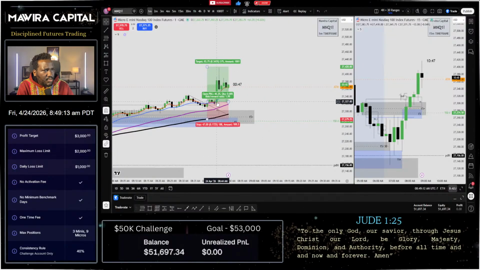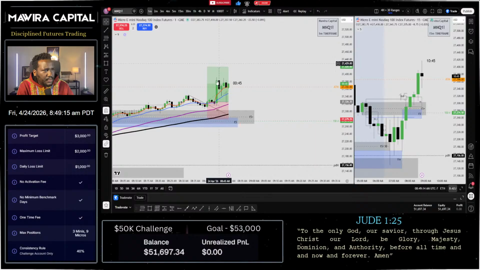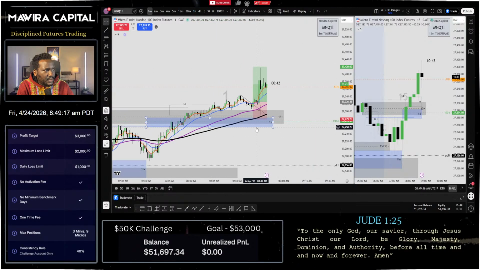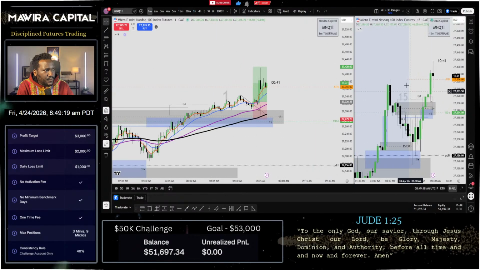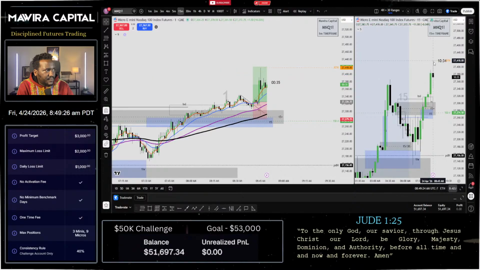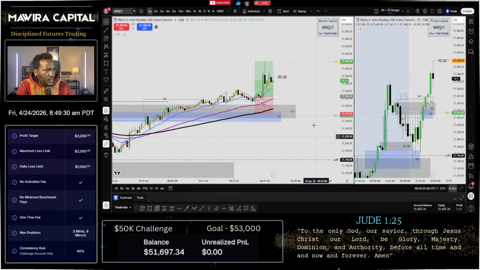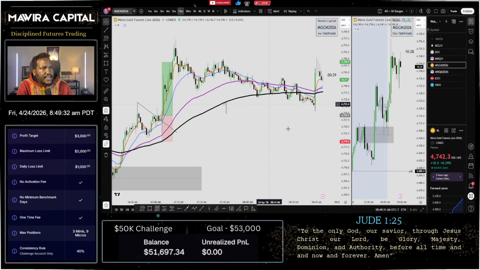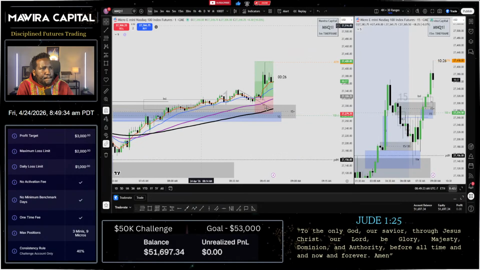I think a trade that would be like a manipulation leg for price to start going lower. So that was the current all-time high, so the all-time high is now here. That's a missed entry right there, missed trade.